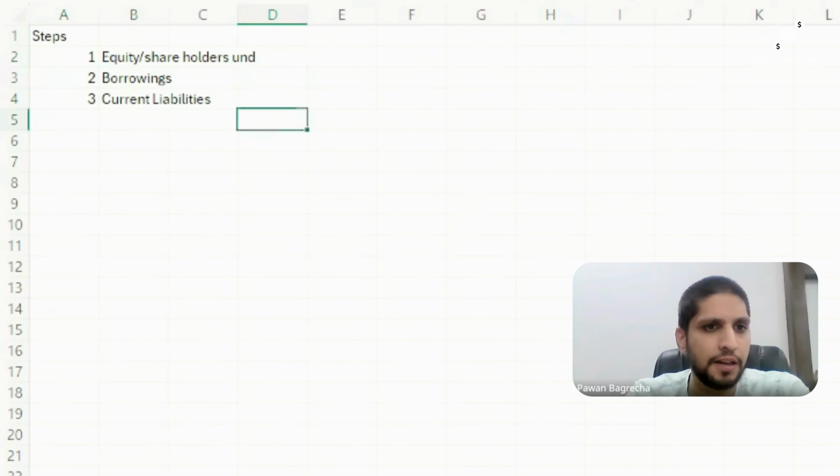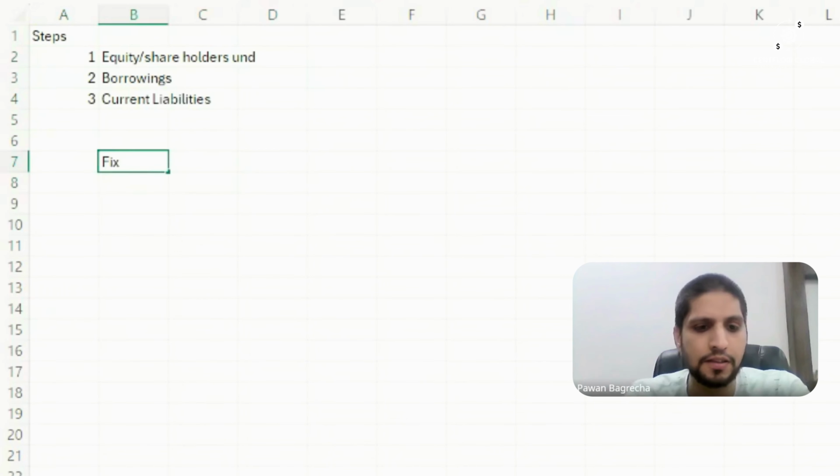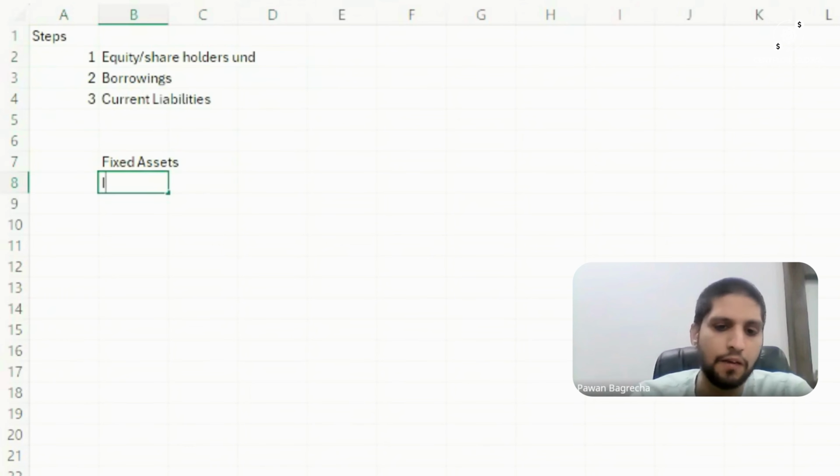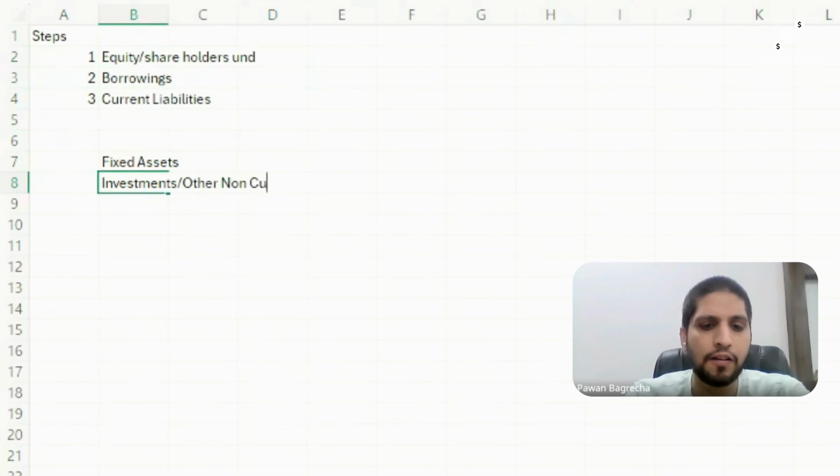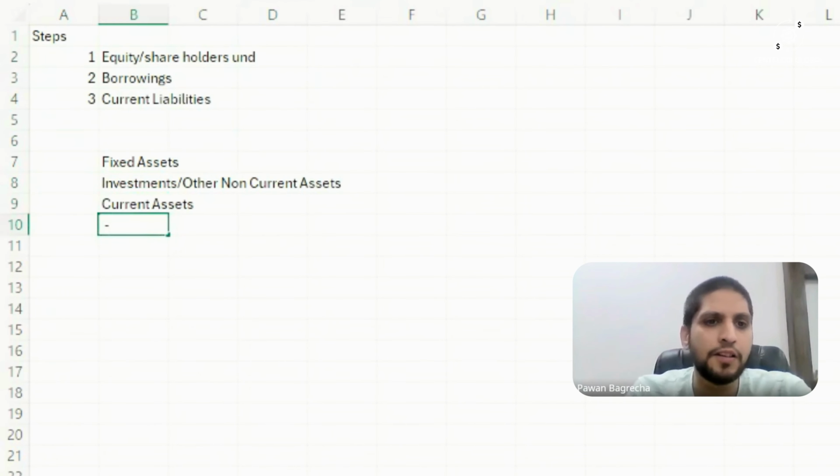Now for the debit side, it's fixed assets. Then we have investments, or we can even say other non-current assets. Then we have current assets. In current assets, majorly there are three. First is inventory.